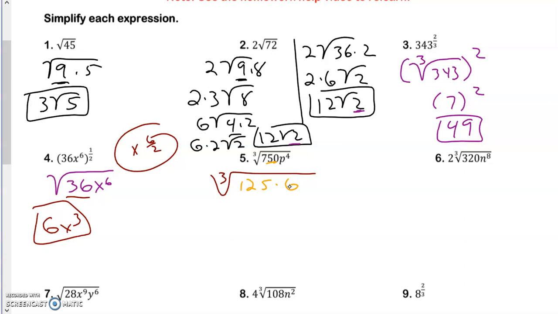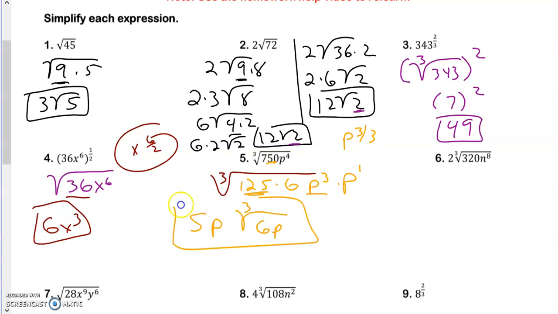So I got to break this down to p to the third and p. 3 plus 1 is 4. Now, for me, I like to underline the ones that are perfect. The cube root of 125 is 5. Then I think about this. This is what I'm doing in my head. 3 divided by 3 is just p. And then I'm going to be left with 6p, and then I put my cube root.